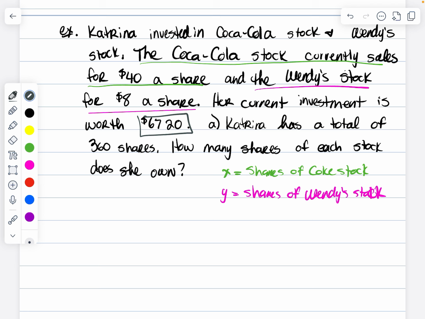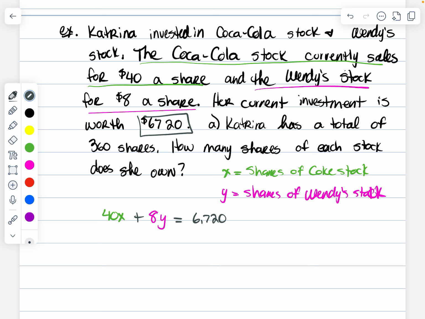So that would be, in this situation, we got Coke. So that was $40 a share plus our Wendy's $8 a share for a total of $6,720.